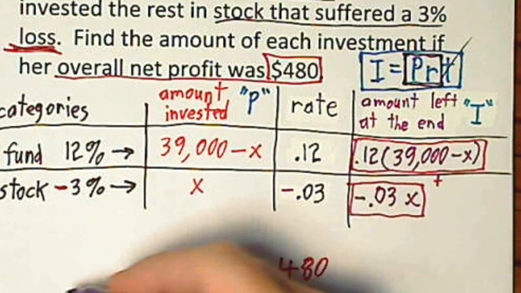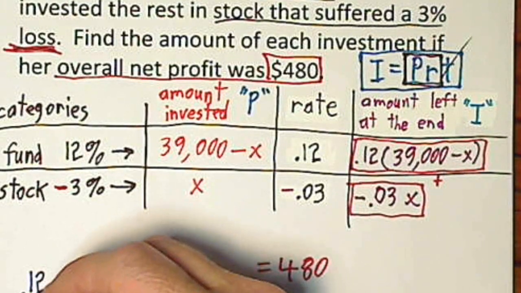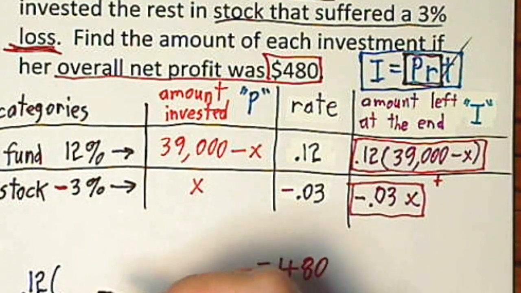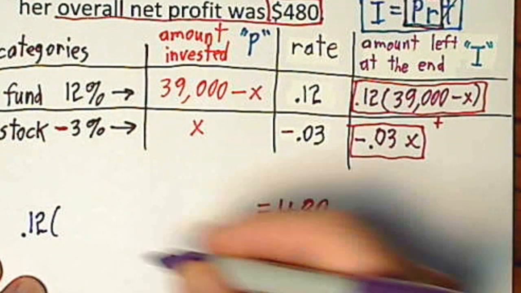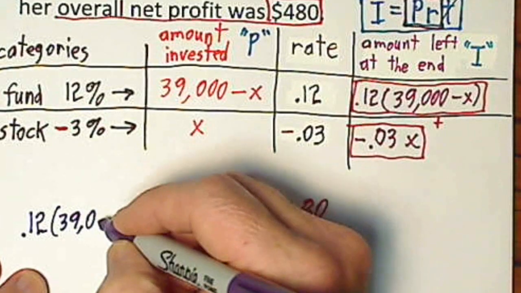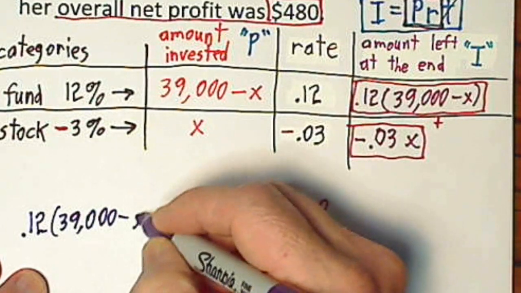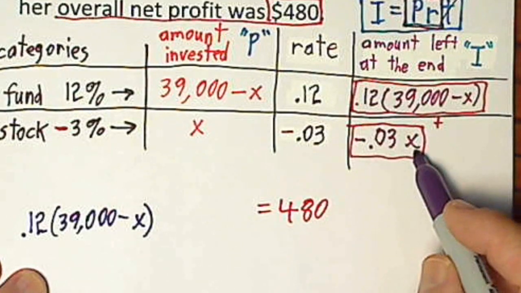So we've got 12 hundredths times the quantity 39,000 minus x, plus a negative 3 hundredths x.